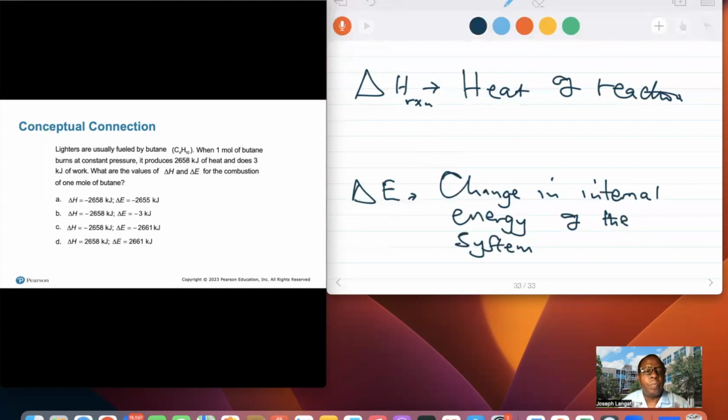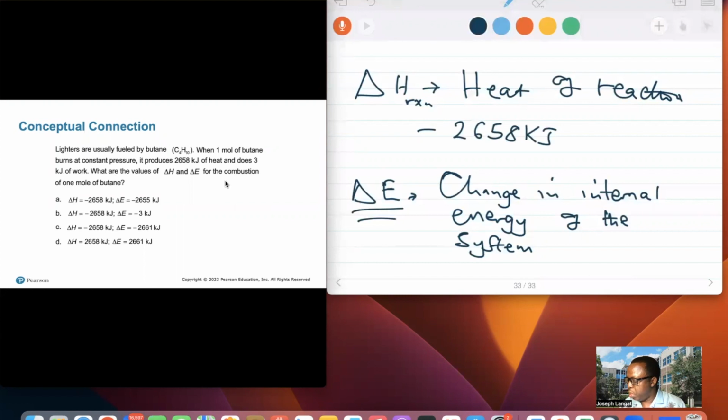Now, for this, it produces, that means it releases, so it's going to be negative 2658 kilojoules. And for change in internal energy, it's the sum of the two.